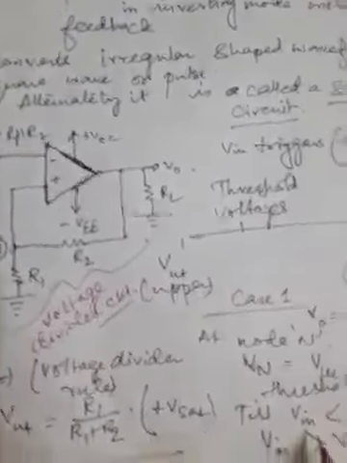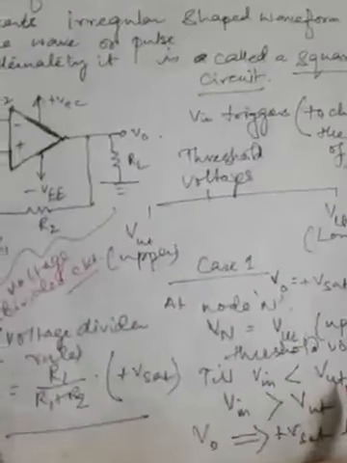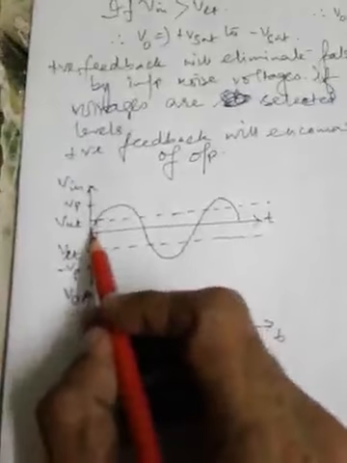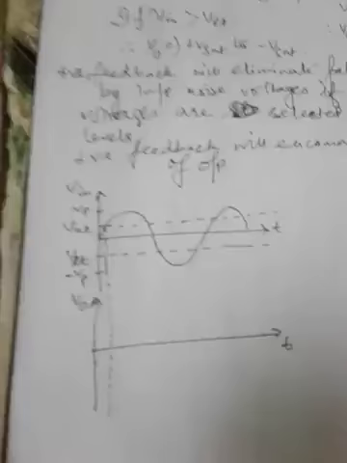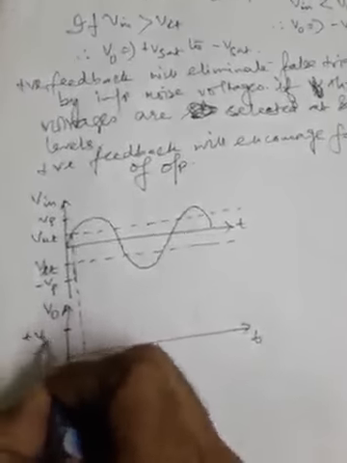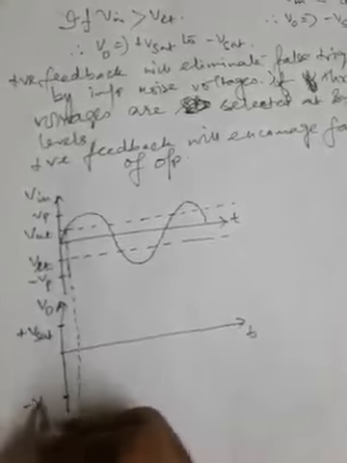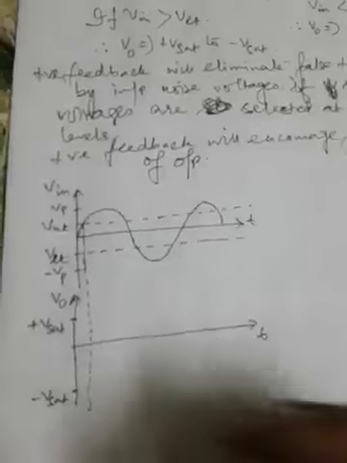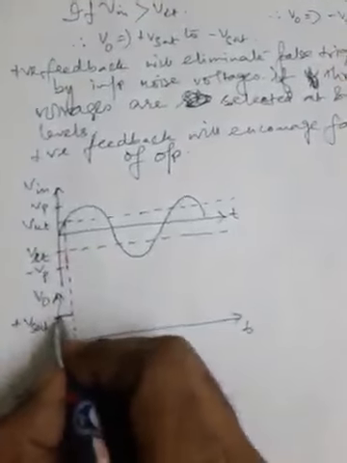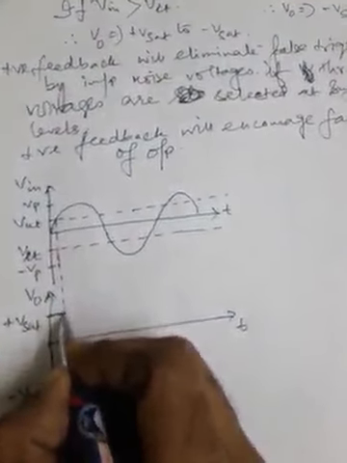What we have seen earlier is that when input Vin is less than the upper threshold voltage, then VO, the output voltage, remains at positive saturation. So that means till the time Vin goes above the upper threshold voltage, the output will be at positive saturation. Suppose this is the plus Vsat level and this is the minus Vsat level at the output range. So till this time, when Vin is less than VUT, it is maintaining plus Vsat, positive saturation.